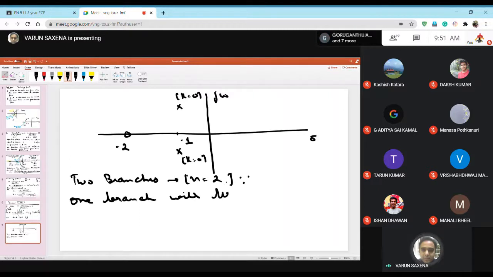One branch will terminate at the zero, because that's how it works, which represents k equal to infinity. So this point represents k equal to infinity.